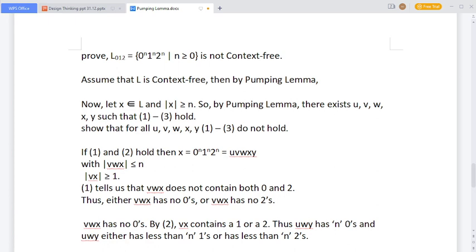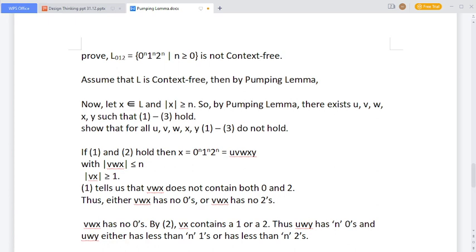For the first one, vwx does not contain both 0 and 2. Suppose u may take 0 value, so that it is not taken by vwx.